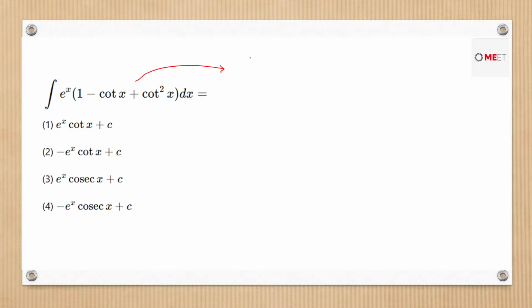So integral e power x into 1 plus cot square x minus cot x into dx. This is nothing but integral e power x into cosecant square x minus cot x into dx.